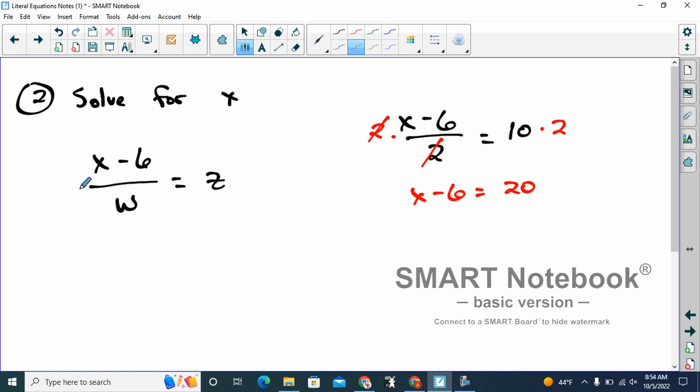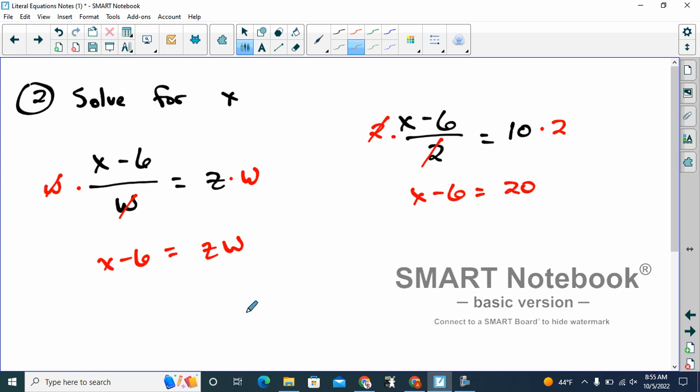Let's do the same thing over here. Multiply both sides by w. W divided by w cancels exactly the same way 2 divided by 2 canceled there. I get x minus 6 equals z times w. You don't really have to write the times in between. I'm just going to write zw.